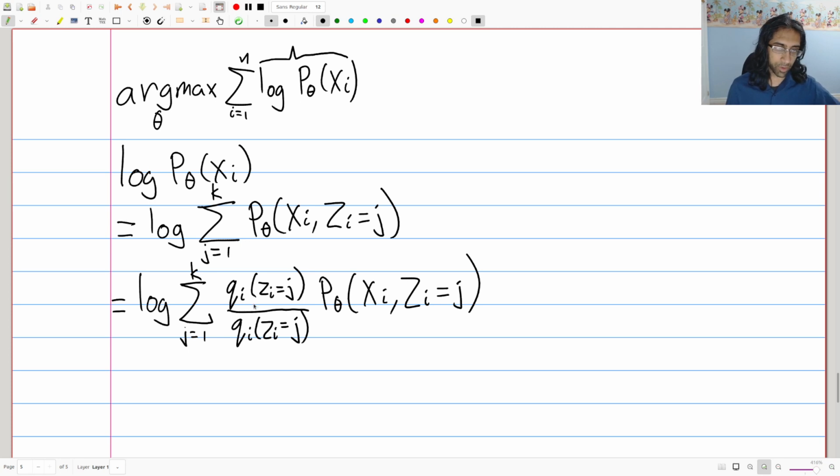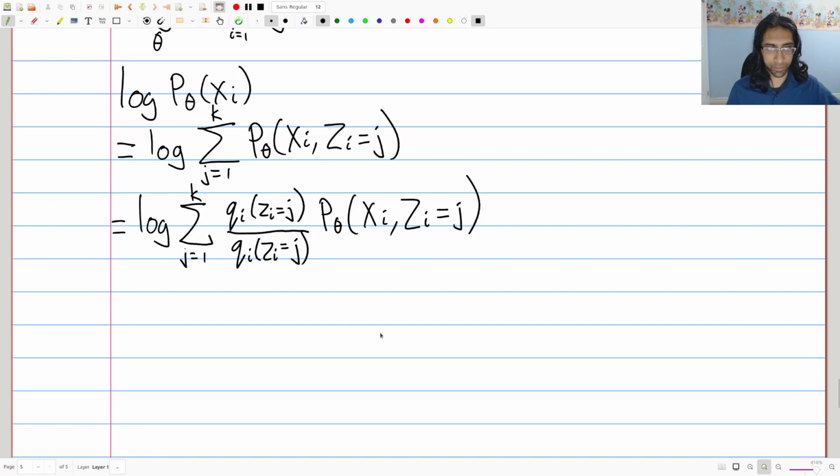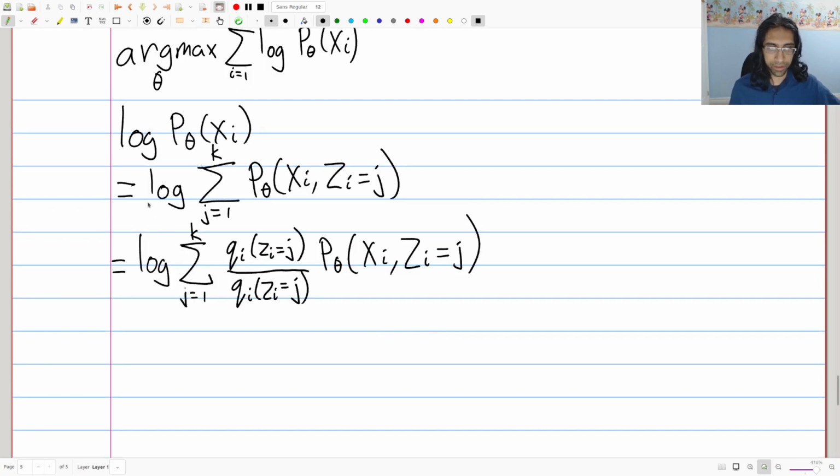What we're going to do is define some probability distribution over this random variable, which we don't know, and that is going to fit into this somehow. So you can think of qi as the distribution of zi, and it can be different for each point. For now, it's not too important what exactly it is. It's just something we throw in here, and it can be an arbitrary distribution for now.